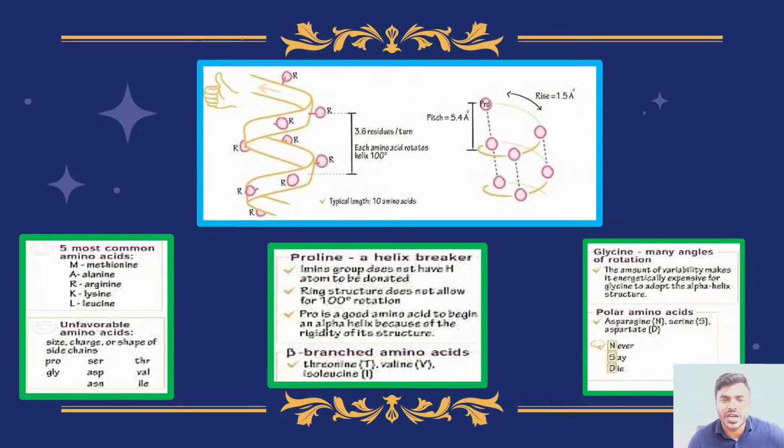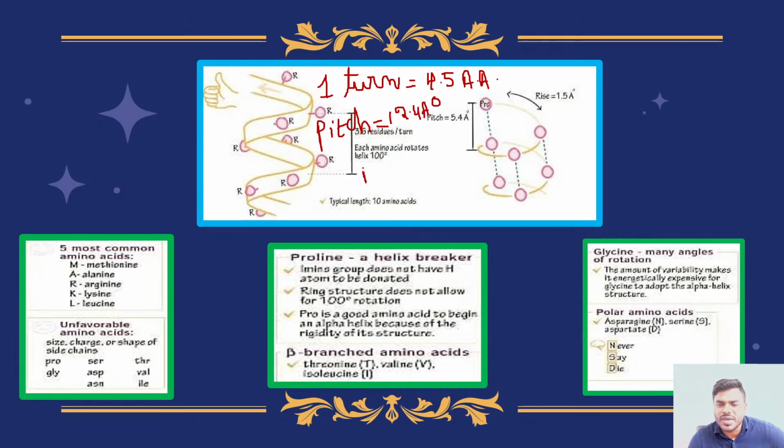Now I will ask one question. Everyone has to calculate it in a simple way. My question is, one turn contains 4.5 amino acids. Now pitch equals 12.4 angstrom.